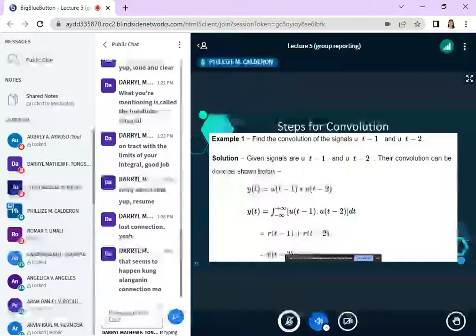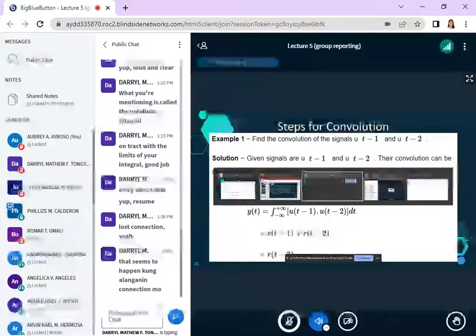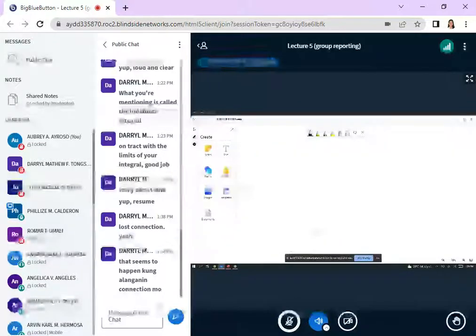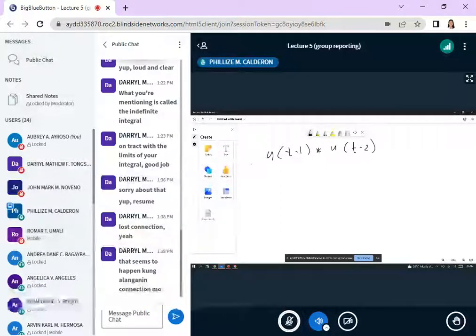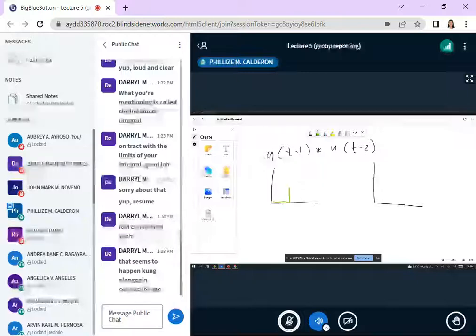So, ang magiging itsura niyan is, punta tayo sa whiteboard. So, meron tayong u of t minus 1, tas convolution u of t minus 2. So, magiging itsura niyan at first is ganito lang. So, at time 1, dito tayo.